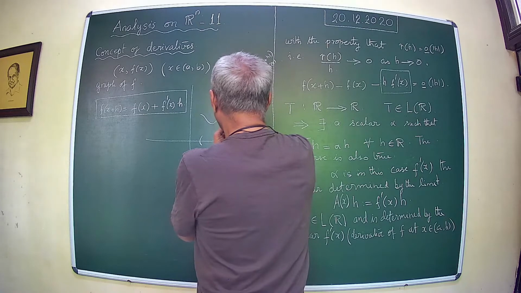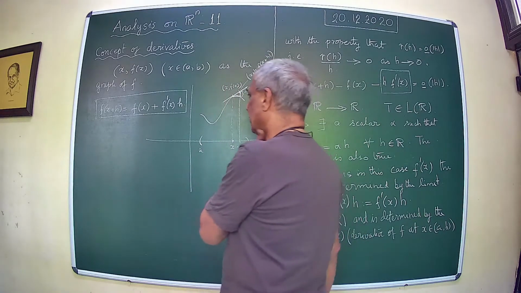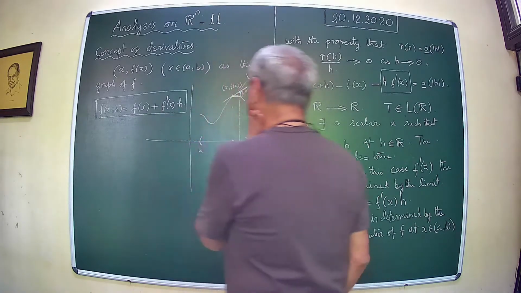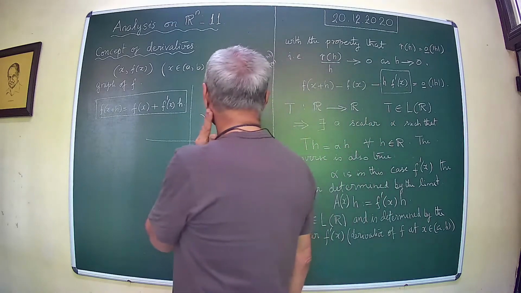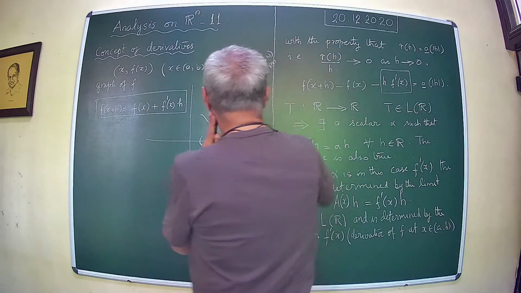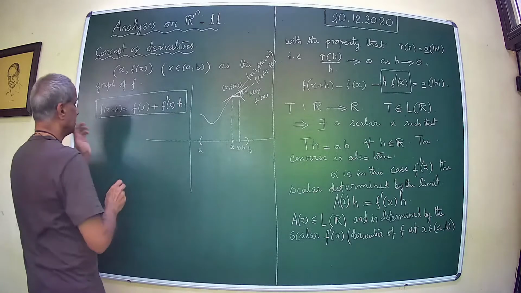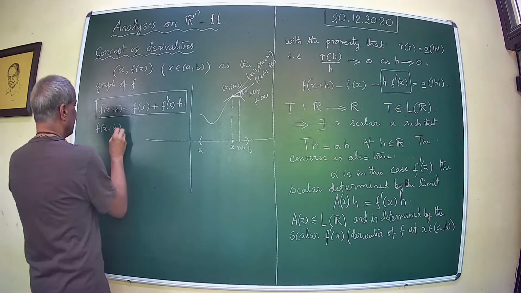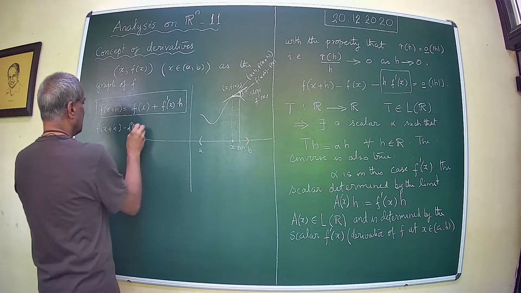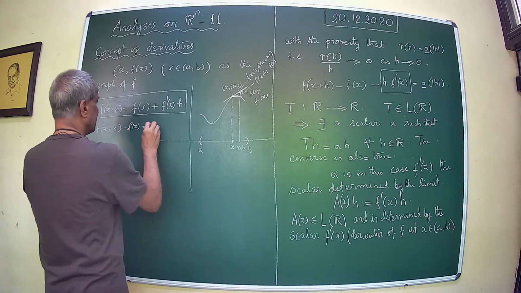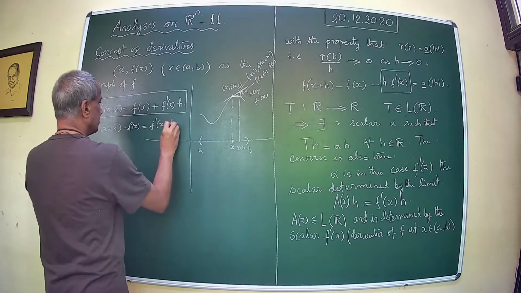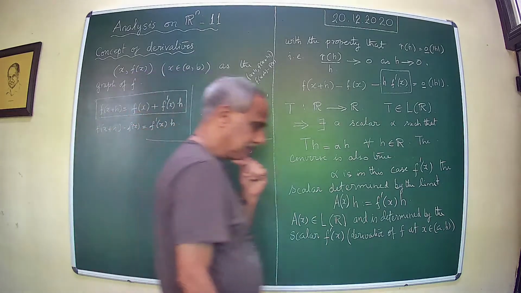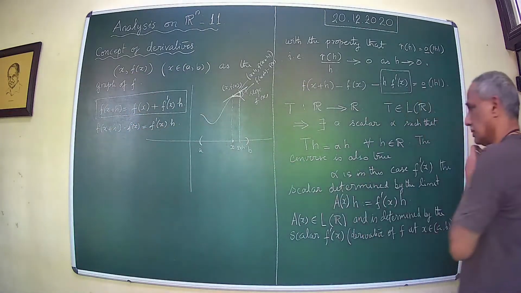Okay, that m is given by f derivative of x. Okay, so this is what you have, and this is true for any h.